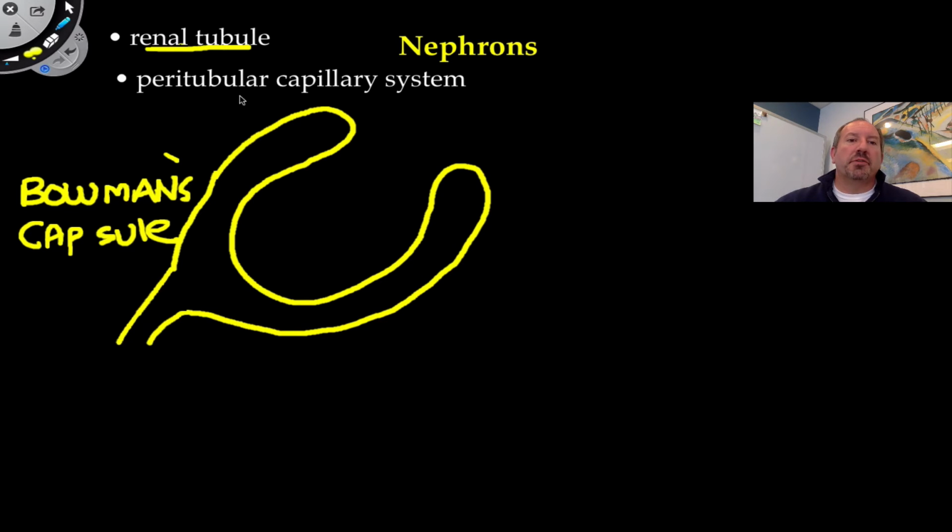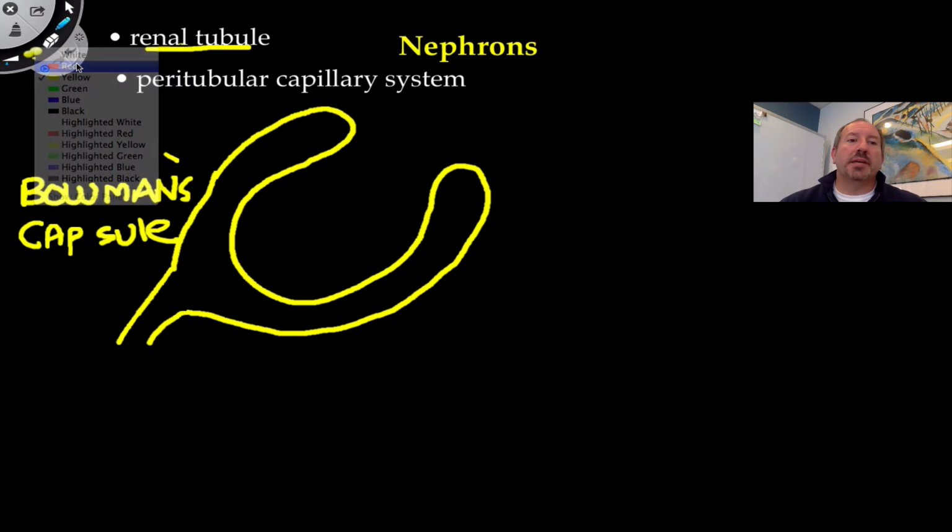Okay. But there are also blood vessels involved, and you're like, well, obviously, because blood vessels are what's bringing the blood to the nephron. And so, as I mentioned before, it was a renal artery, and then it branches further and further into these smaller arterioles.